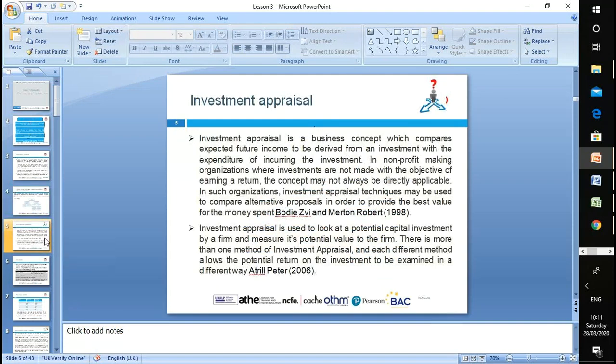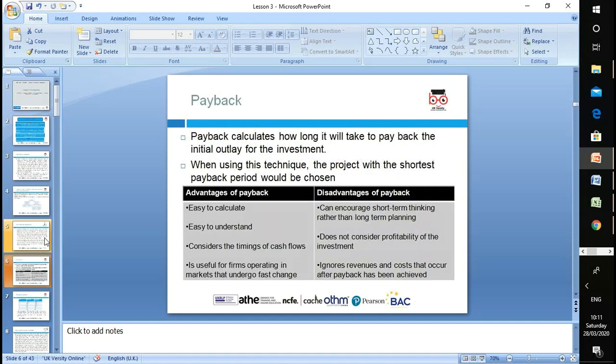Any question? No. Okay. Next, investment appraisal is, of course, a business concept in which we look at the expected future income derived from the investment. So that is appraisal. We'll look at slides that will help further to clearly understand the concept. So first, payback.